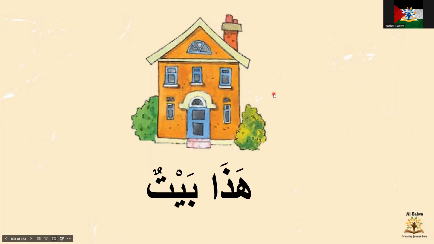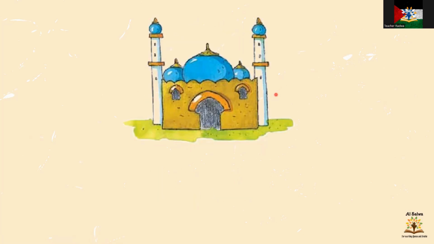Okay, we say هذا بيت. بيت means a house. And try, if you didn't know the word, try to memorize it so you get all the words during the lesson. And by the end of it, you would know not less than 10 words, inshallah. So, like we said, هذا بيت.